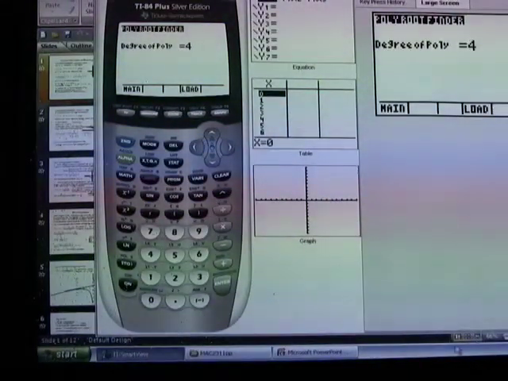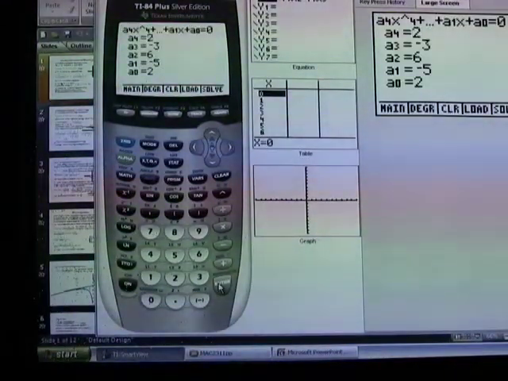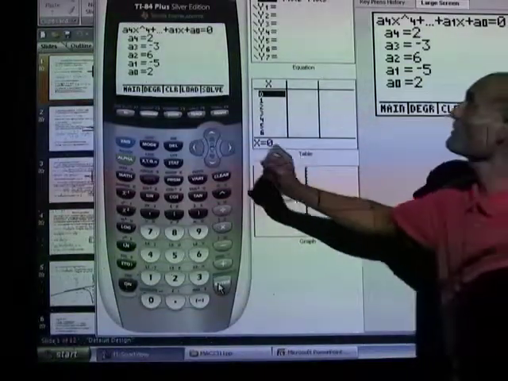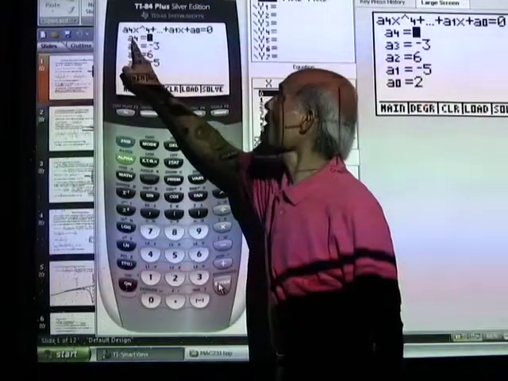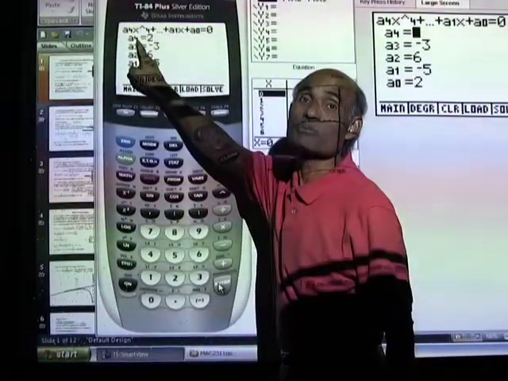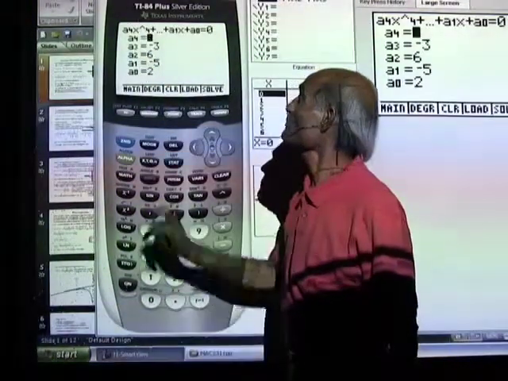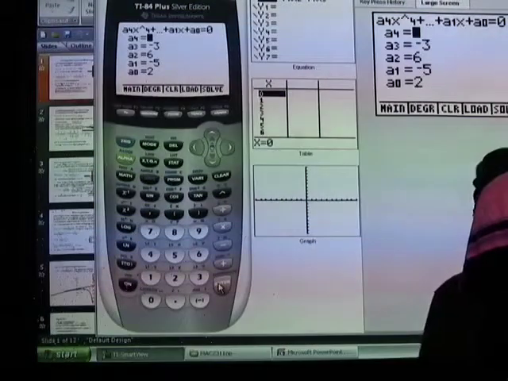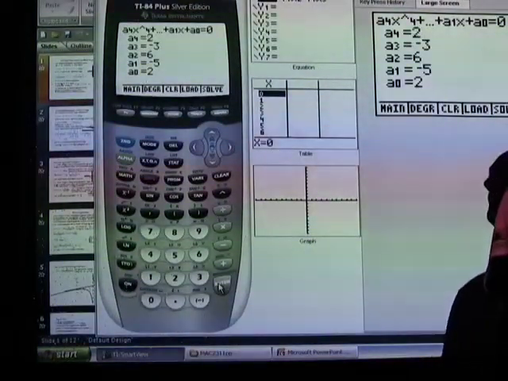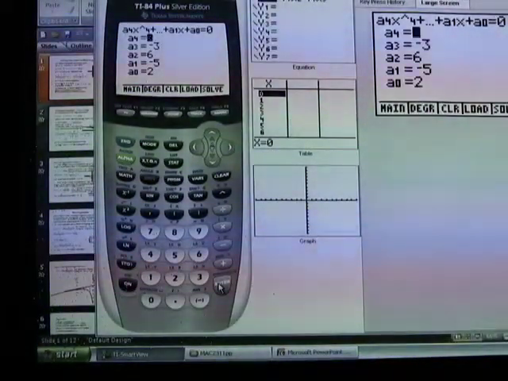Let's enter there. And then it's asking for a4, a3, a2, a1, a0. These are the coefficients. What is the coefficient of x to the power of 4? What is the coefficient of x to the power of 3? Well, let's see, our a4 is 1, so type in 1 there.